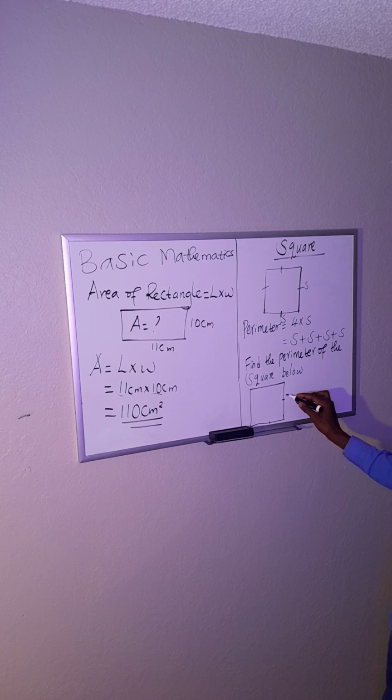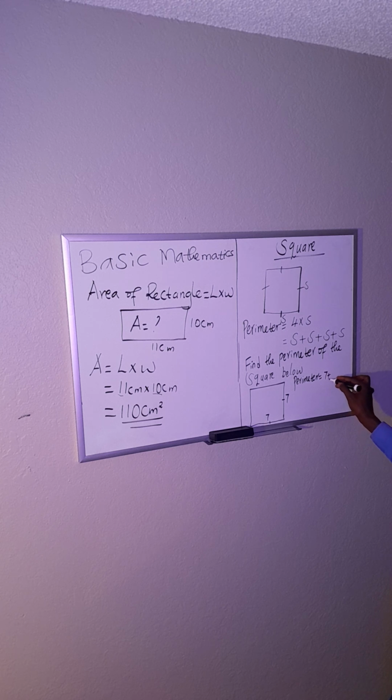So this is 7, this is 7. Therefore now I'll say perimeter is equal to 7 plus 7 plus 7 plus 7. What is the answer? This 2 gives me 14, this 2 gives me 14. 14 plus 14 is 28 centimeter.